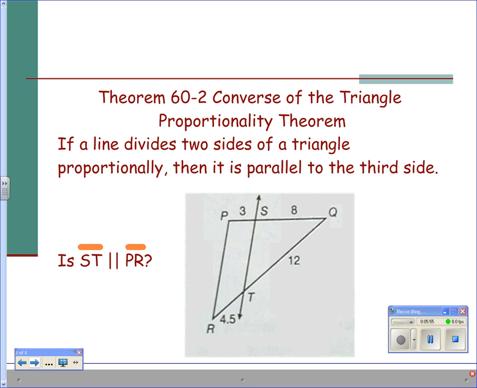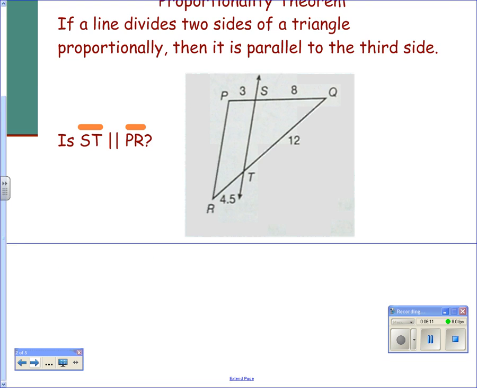How do we figure out if they are parallel or not? Set up a proportion. Okay, what would the proportion be? Would that work? Okay. What is 3 times 12?